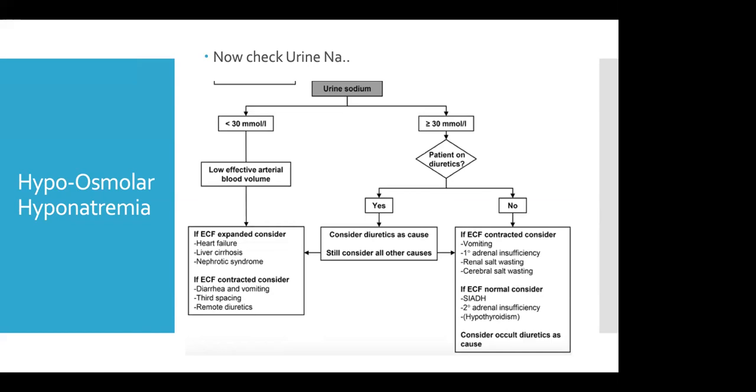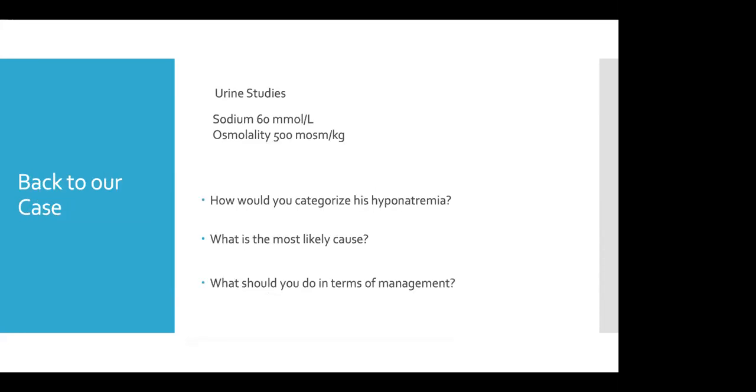For his volume status, he wasn't having any vomiting that it said. He has really no cause for the renal or cerebral salt wasting or specific reason for adrenal insufficiency. So more likely we're leaning towards the euvolemic with SIADH from his pneumonia as the most likely cause.